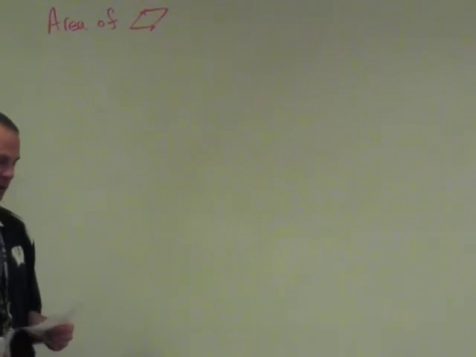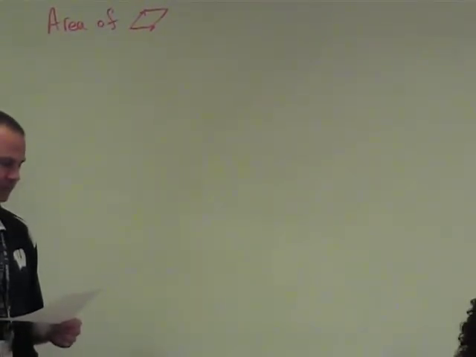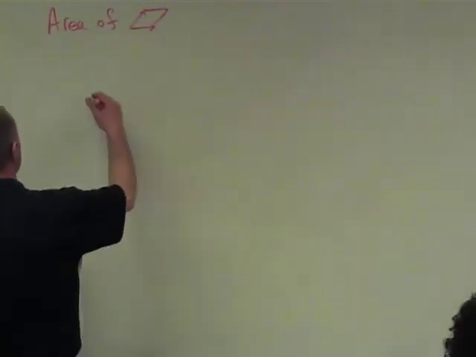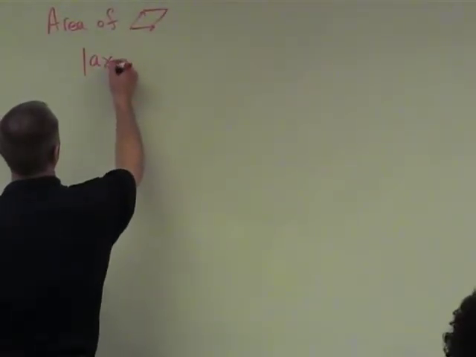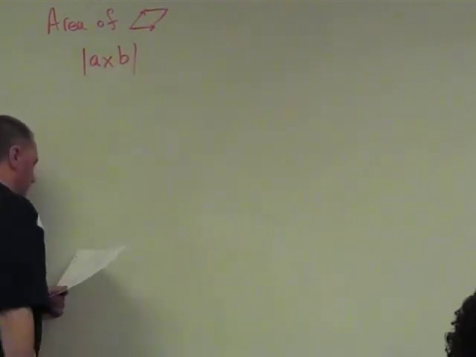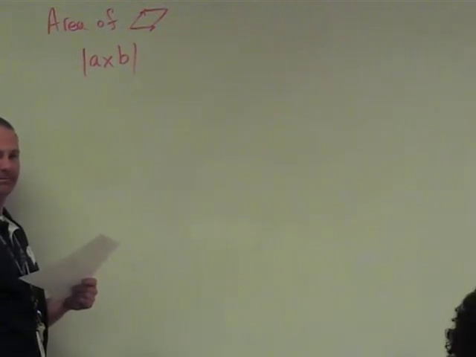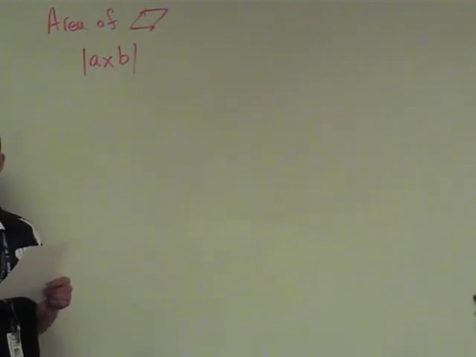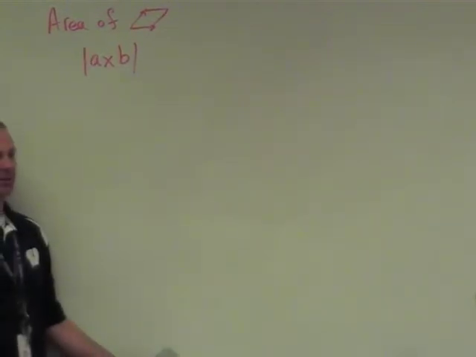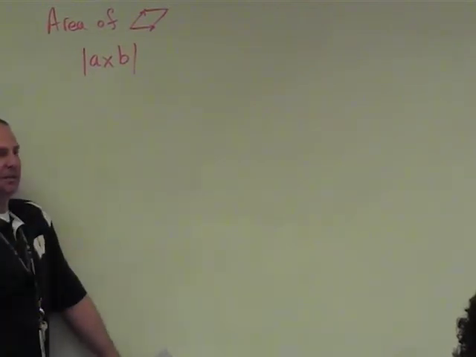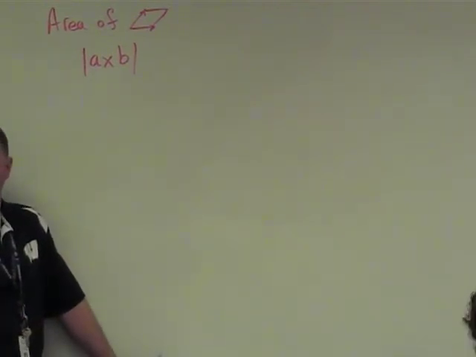We find the area of that parallelogram by finding the magnitude of the cross product. How do we find the magnitude? You're going to find the cross product and take the square root of the sum of the squares of the answers, right?